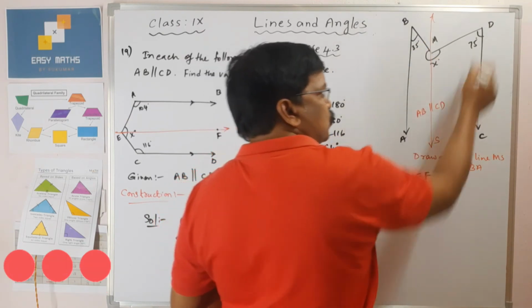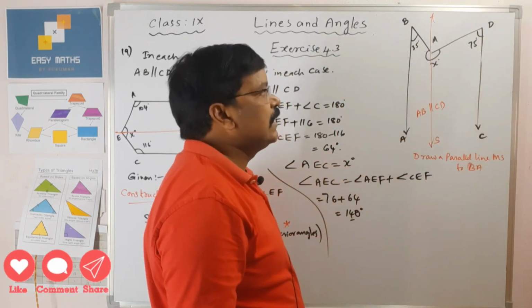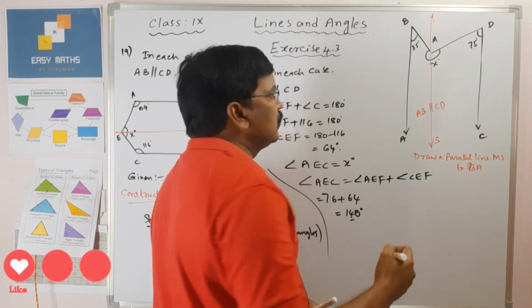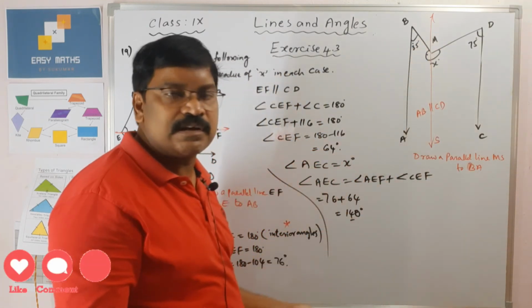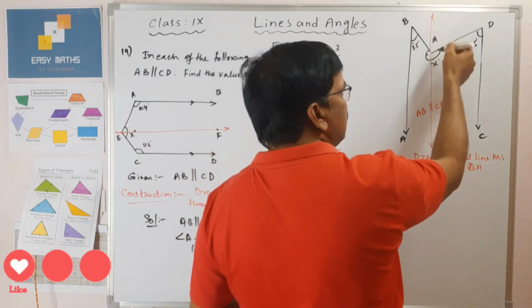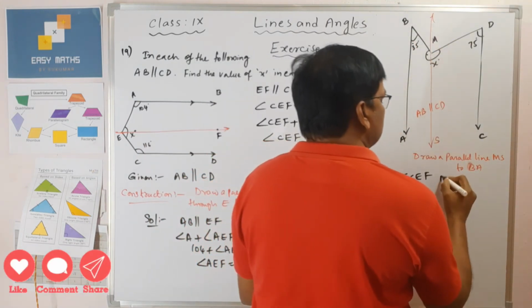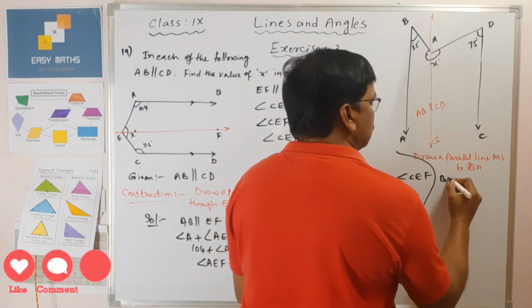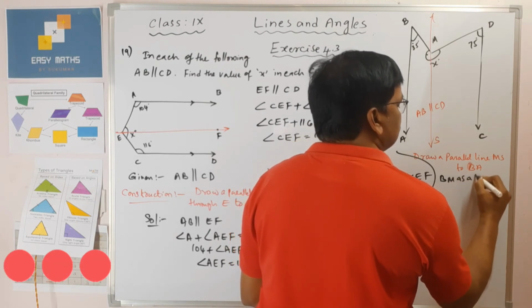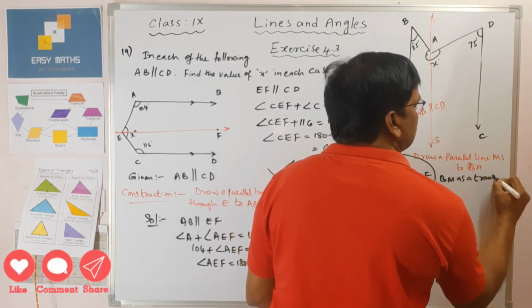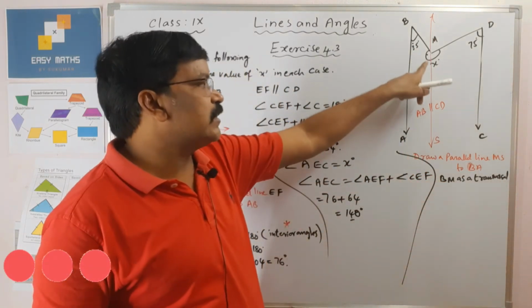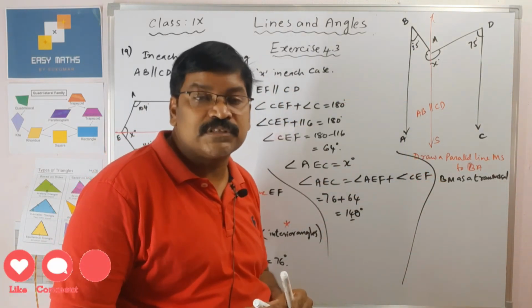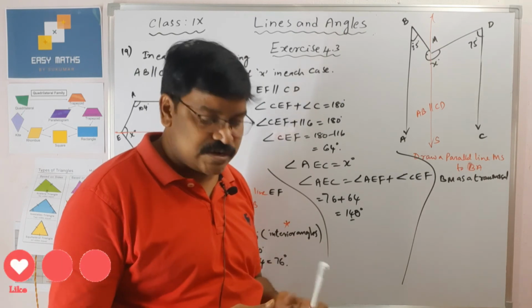Of course, these two lines are also parallel: MS and DC are also parallel. Here the sum of the interior angles is 180 degrees. Let us take this BM as a transversal, right? So this is 35 degrees. The sum of these two angles is 180 degrees now.